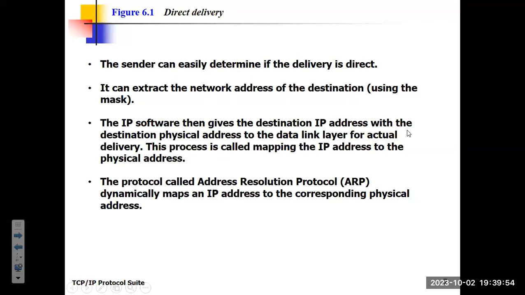So you can tell it's direct. You can extract the network address using what? The mask. That's why we need the mask. The mask is going to help you find the network address from the IP address. So since it's direct, what will the IP address do? We will find the physical address.